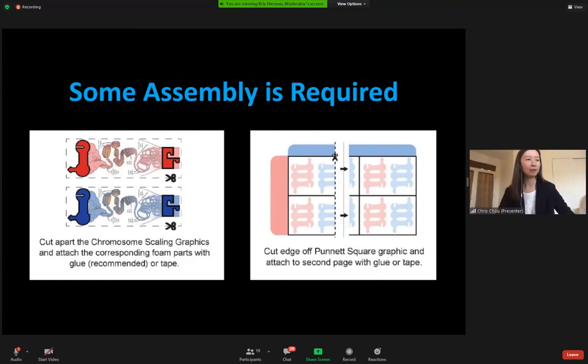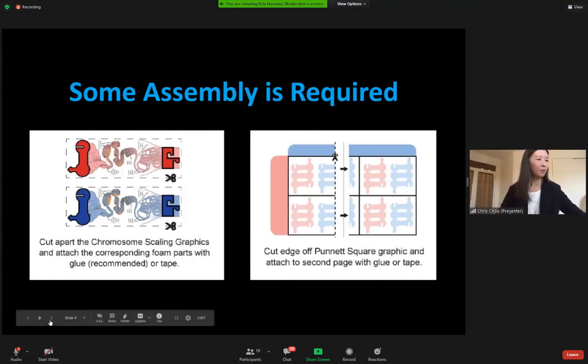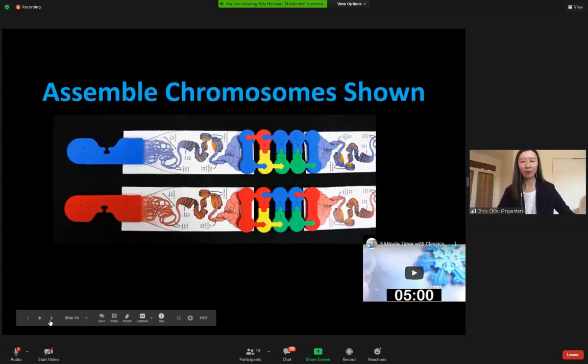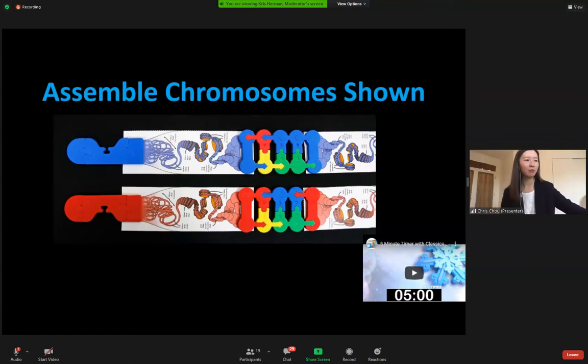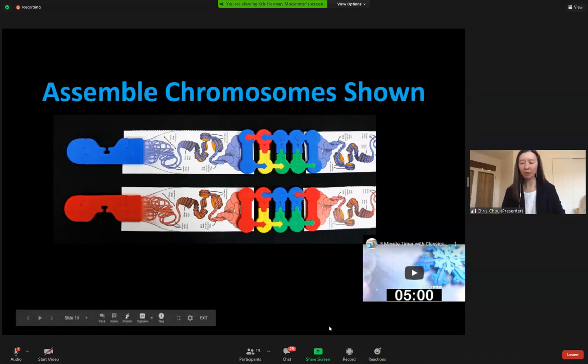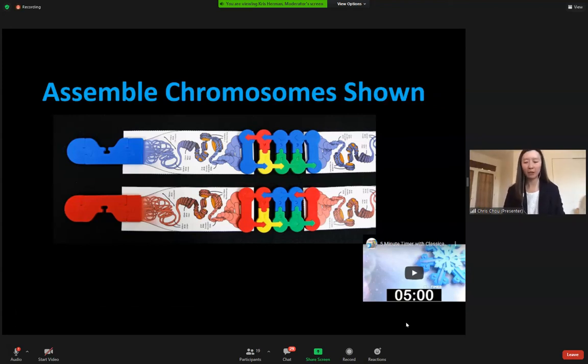Next slide will show what I'd love for those of you who have the kits in front of you to pre-assemble. If you don't, that's okay. I'm going to describe how you would have students put them together. If the parts are cut out, great. If not, you can just lay your foam pieces on there.